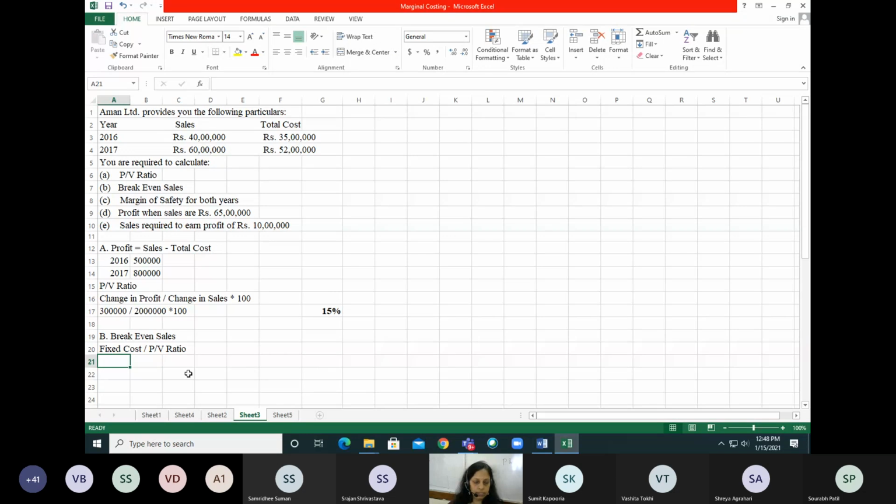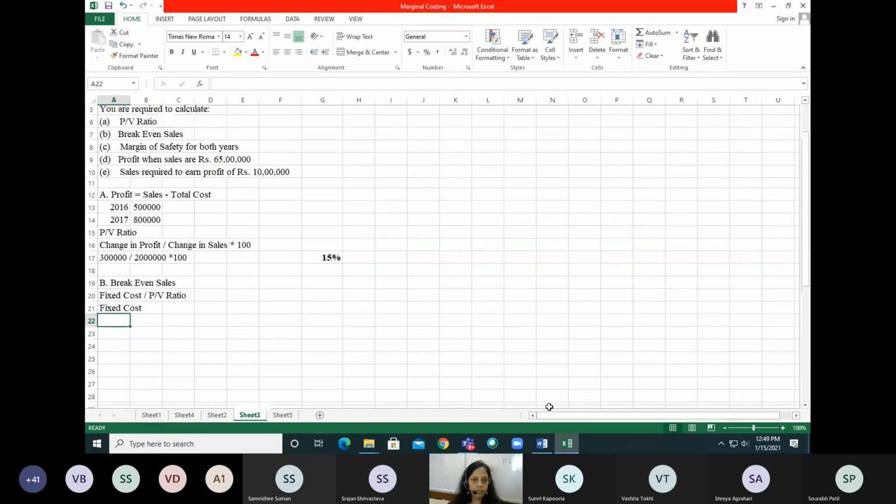For that purpose, you have to calculate fixed cost first because in this question they have given total cost. We have already calculated the PV ratio. Tell me how you will calculate fixed cost.